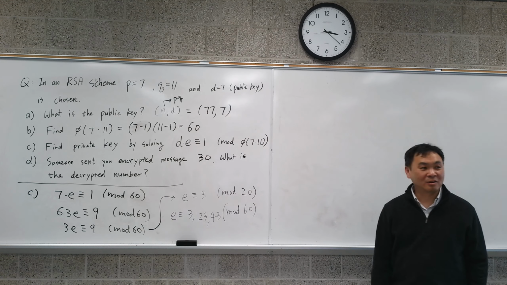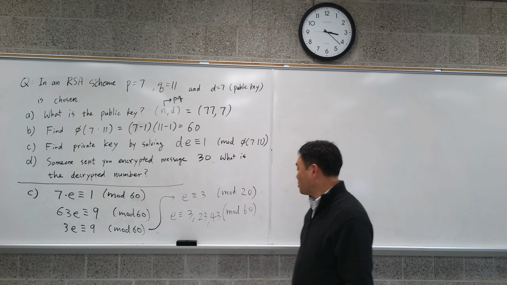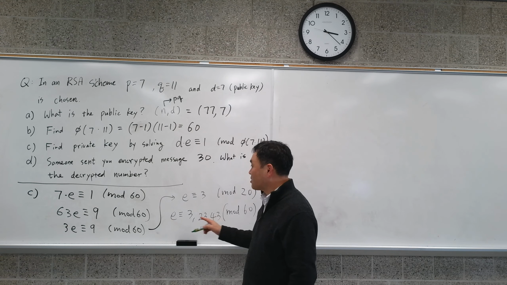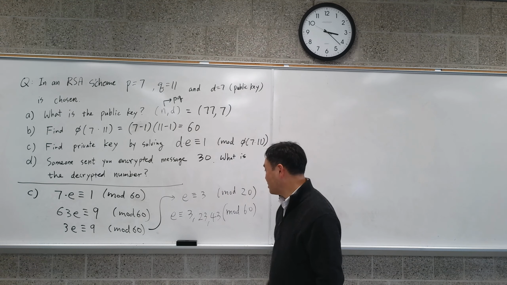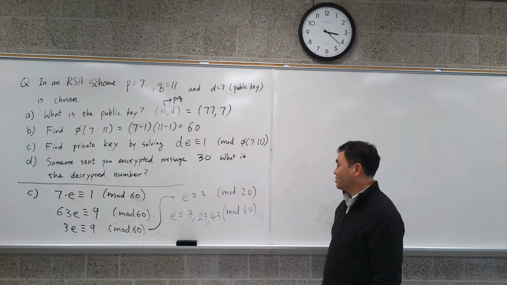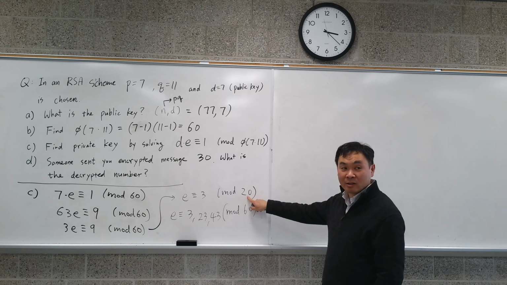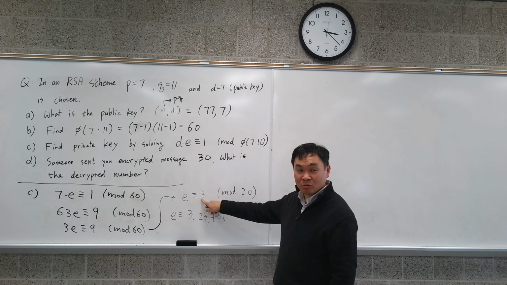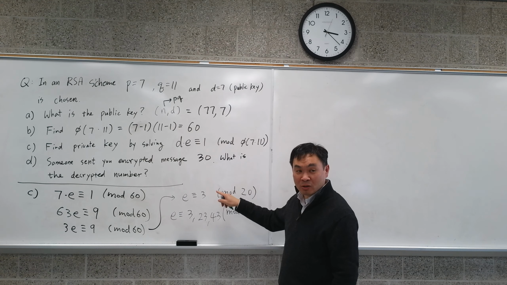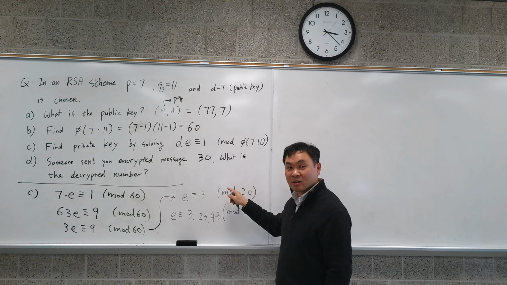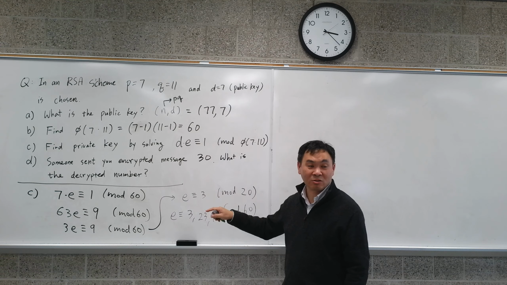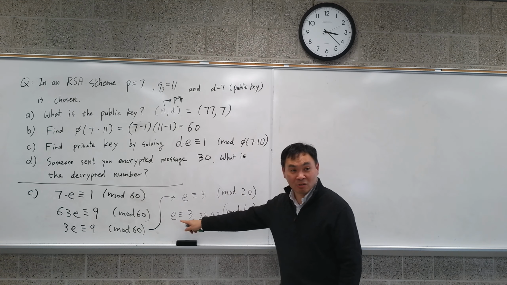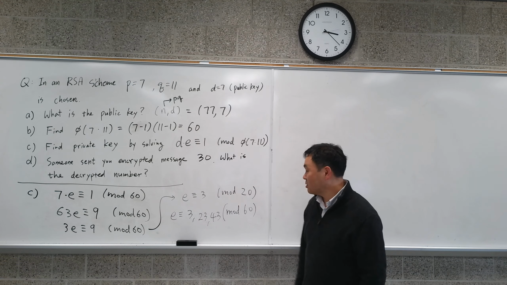So we need to figure out which one of these is truly the solution of C. Where did you get 43? Oh, because you keep adding 20. So 3 plus 20 is 23, 23 plus 20 is 43, and 43 plus 20 is back to 63, which is the same as 3.